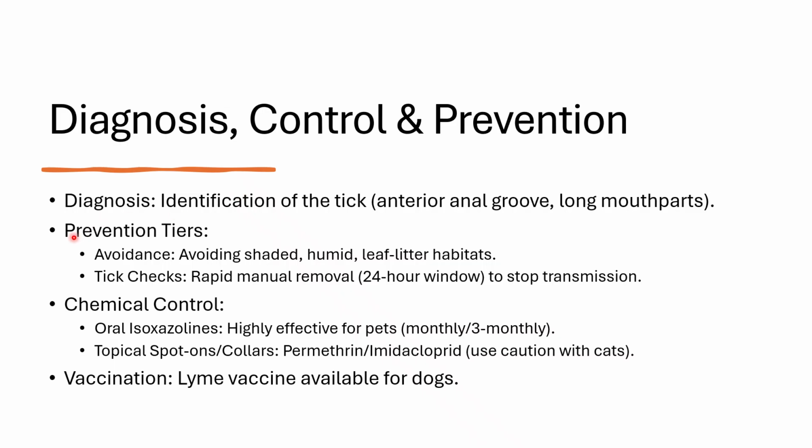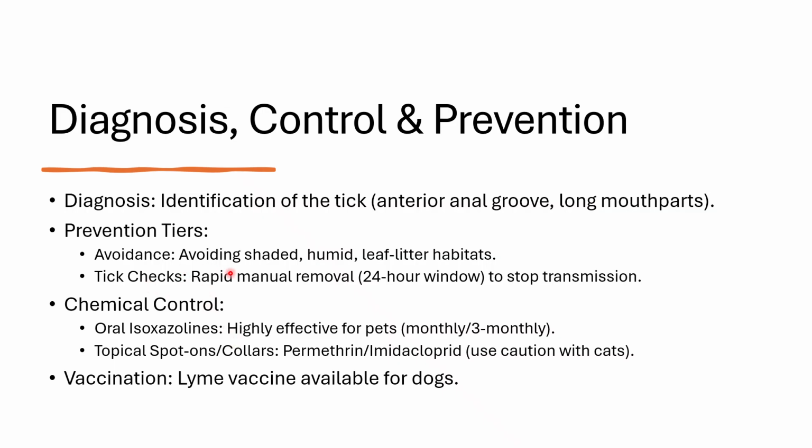For the prevention tiers, we have avoidance. We have to consider the habitat and the behavior of the ticks, so we must avoid shaded, humid, and leaf litter habitats. We also have to check the host for attachment of the tick.